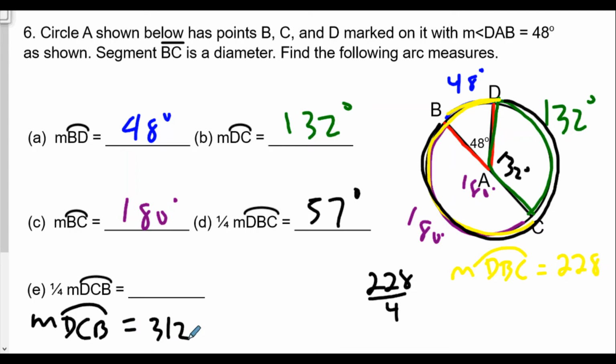So we want to do 312 divided by 4. 4 goes into 31 seven times, with a remainder of 3, and I get 32. 32 divided by 4 is 8. Therefore, this will be 78 degrees.